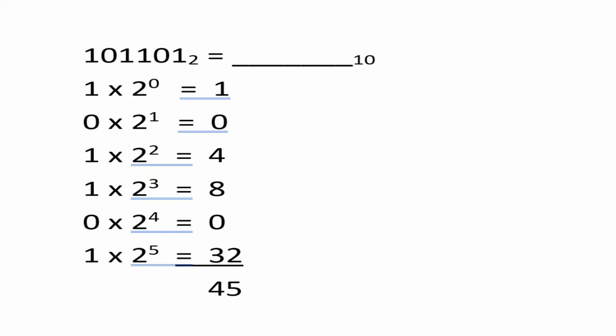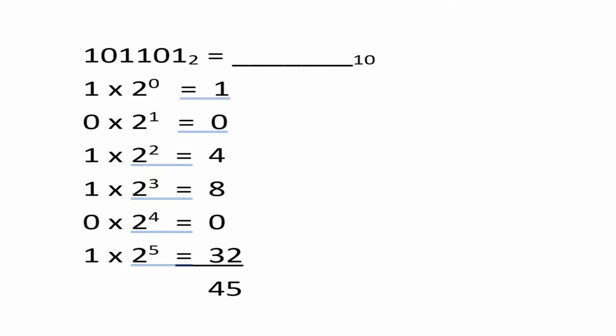Then, bring down again the 0 times 2 raised to 4. 2 raised to 4 is equal to 2 times 2 times 2 times 2. That is 2 times 2 is 4, times 2 is 8, times 2 is 16. But 16 times 0 is 0.